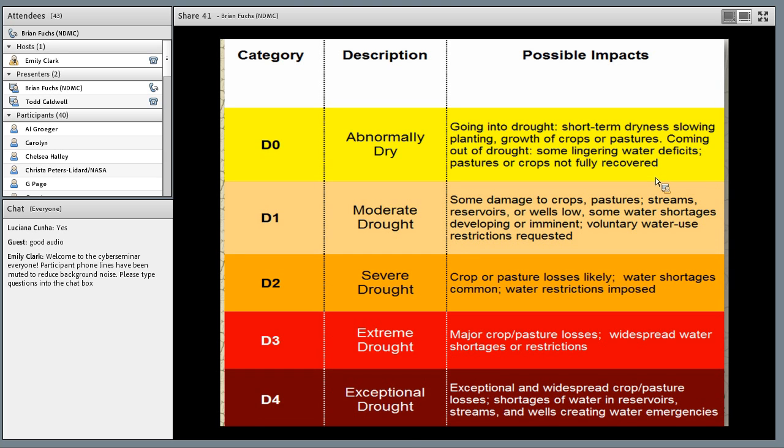And so what we are doing now is we are actually in the process of taking this table and refining it on more of a state or even a county level basis, and just giving a better picture of what drought means to different parts of the country. But this is where we started, and again, without impacts, it's really hard to identify the exact intensity of the drought level that you have.